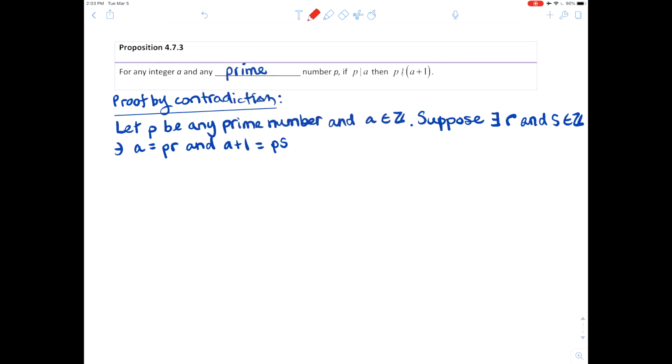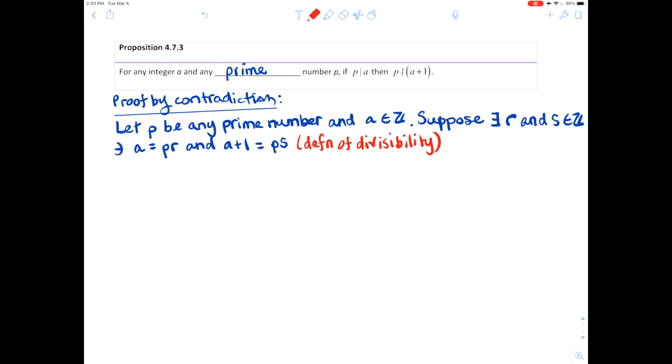So what we're doing here is we're using the definition of divisibility. And so what we are supposing using De Morgan's laws is that p divides a and p divides quantity a plus 1.